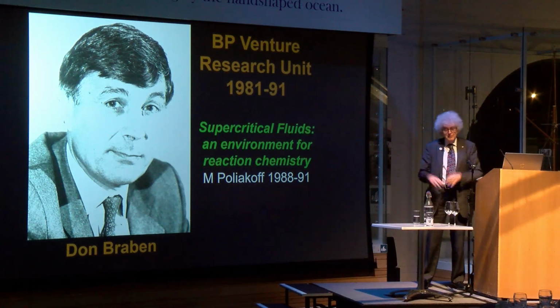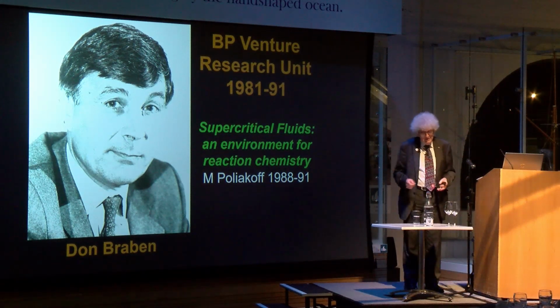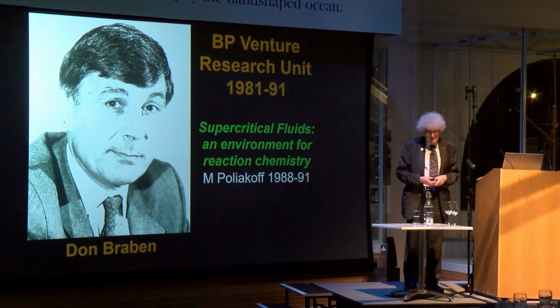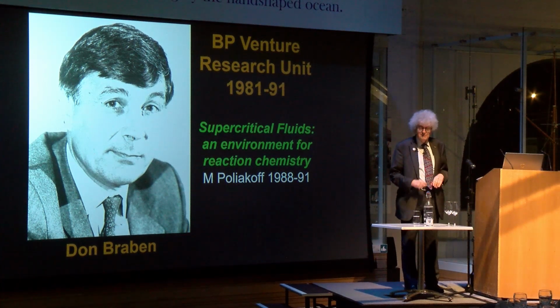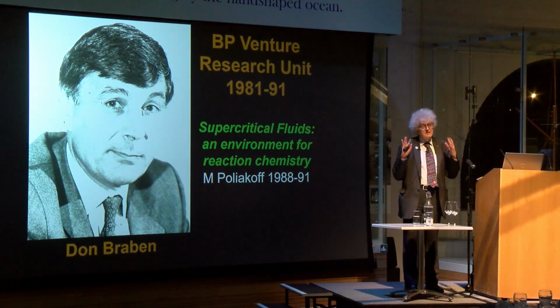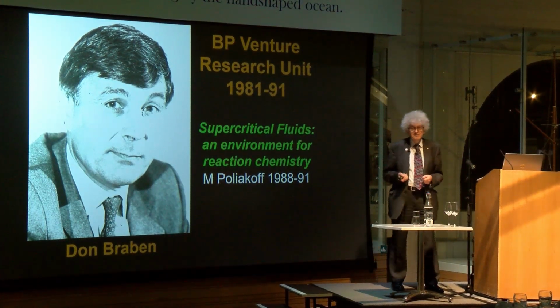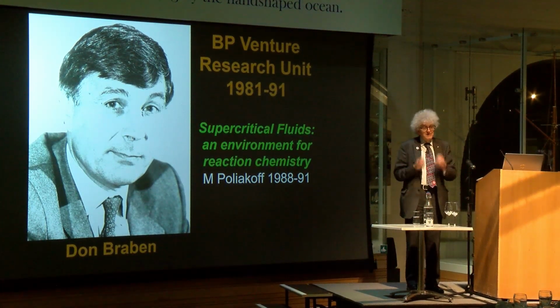So once we got this money, I had to decide what to do, because it was just a very short proposal that we'd written. And one of the things that chemists are meant to do is to make new molecules, or isolate new molecules. And I'm a very bad synthetic chemist.